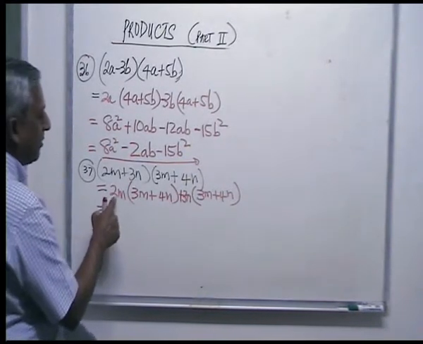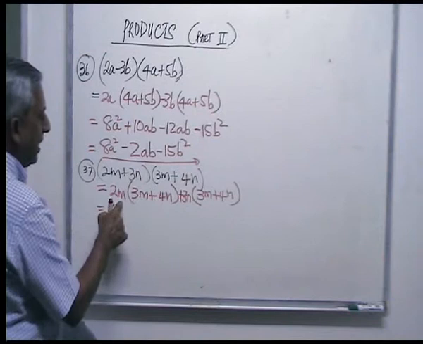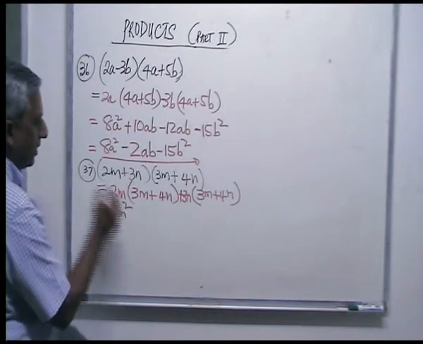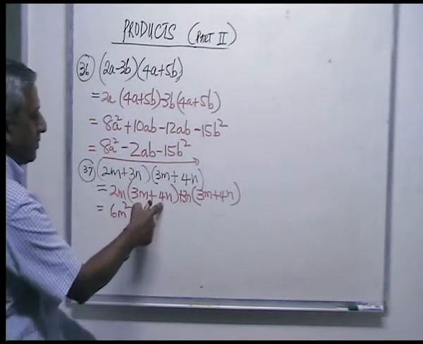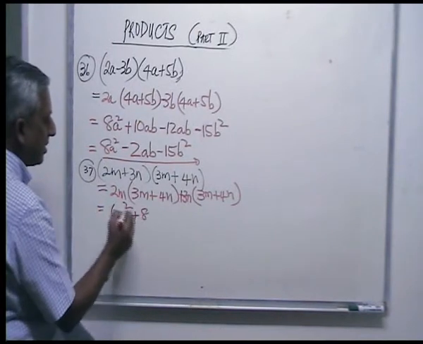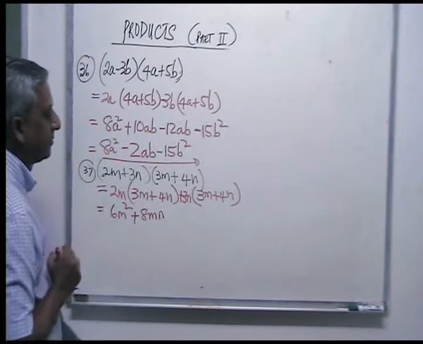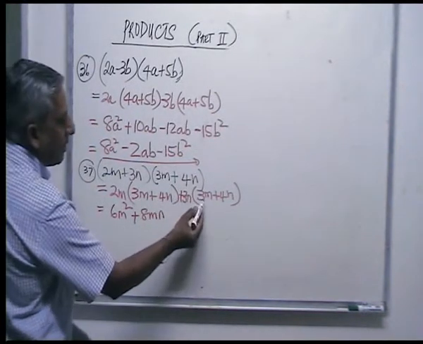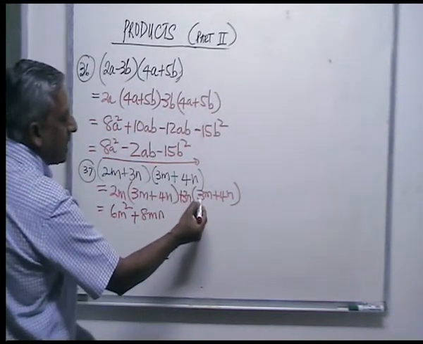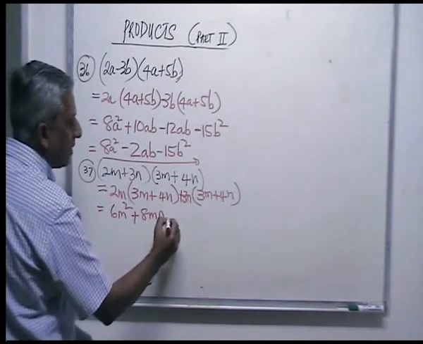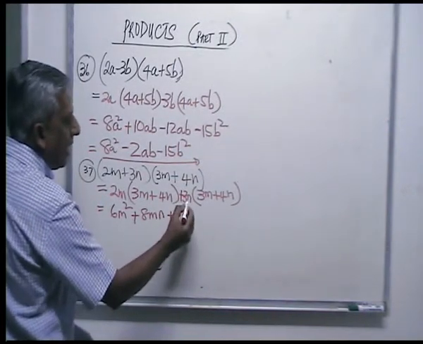Now you multiply 2m: 2 threes, 6m times m, squared. 2 times 4, 8. M times n will give you mn. Now multiplying here, 3n times 3m. 3 times 3 will give you 9.